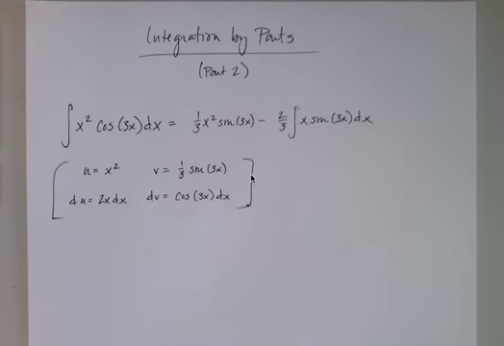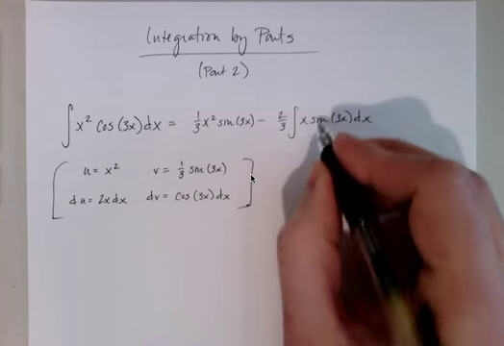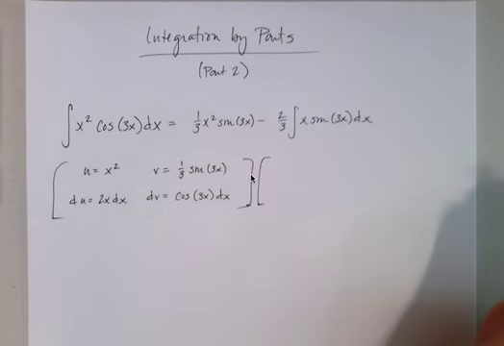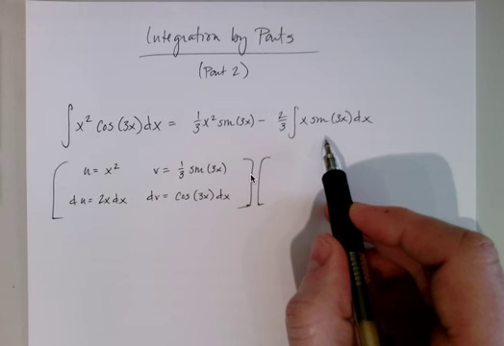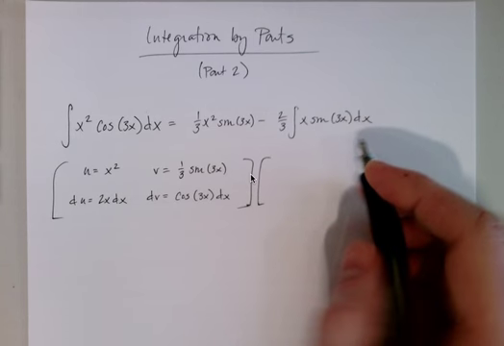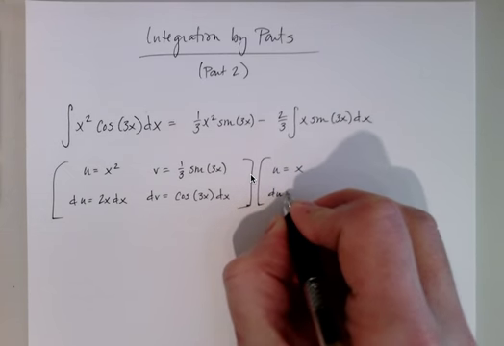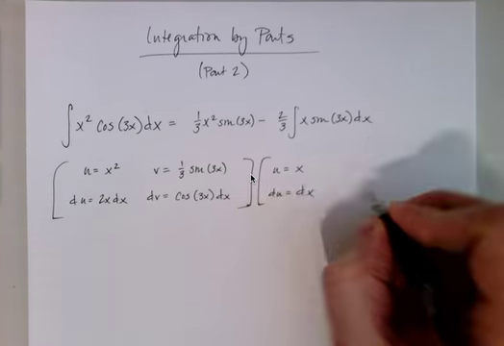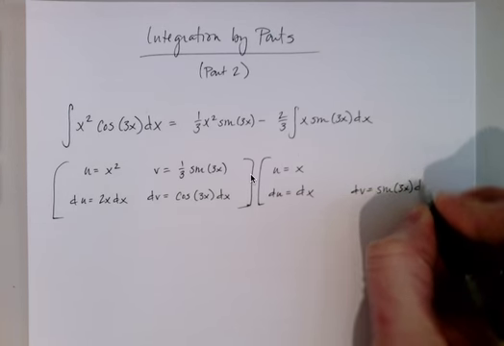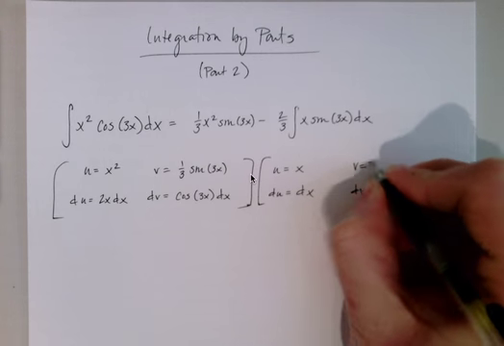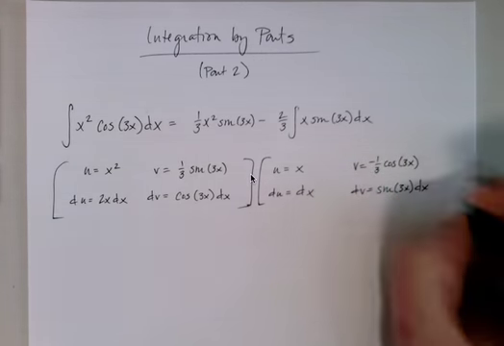I'm going to need to go ahead and do a second round of parts using this one right here, because I still have a product function in the integrand that is a combination between 2 different families or 2 different classes of functions. And so u is equal to x, du is equal to dx. My dv is sine 3x dx, and my v is negative 1/3 cosine 3x.